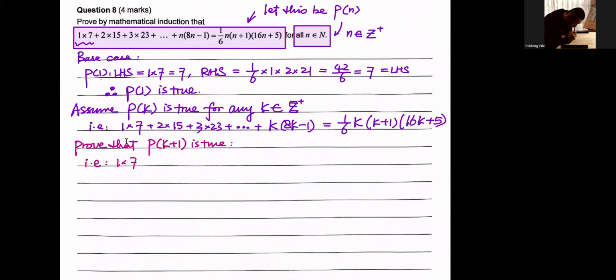I.e. 1 times 7 plus 2 times 15 plus 3 times 23 plus k times (8k minus 1) plus (k plus 1) times 8(k plus 1 minus 1) equals 1 over 6 times (k plus 1) times (k plus 2) times (16(k plus 1) plus 5), okay?